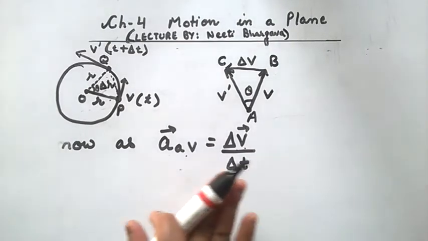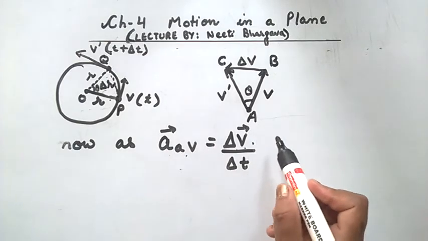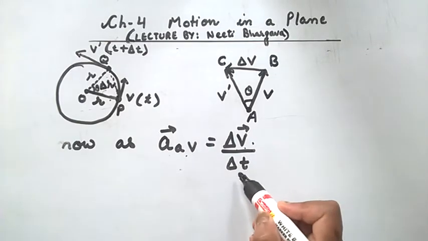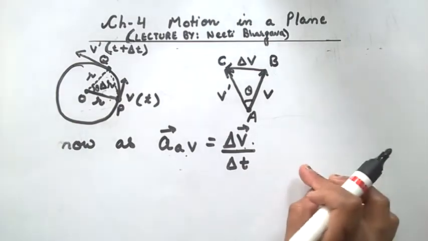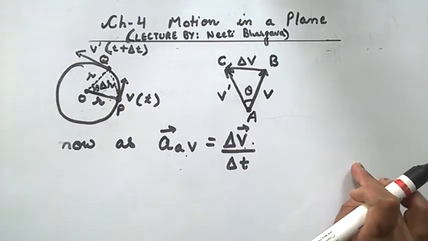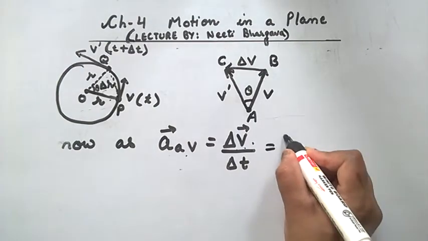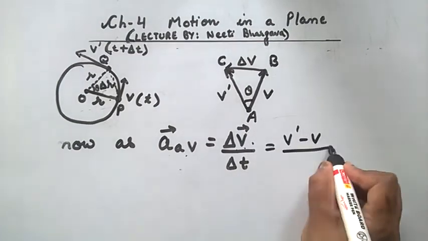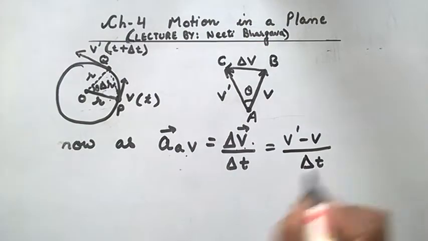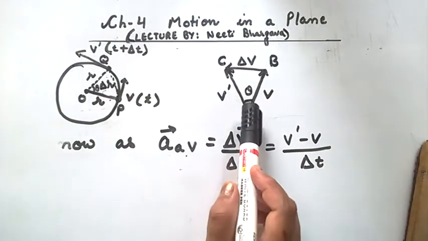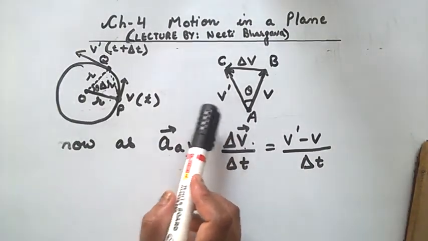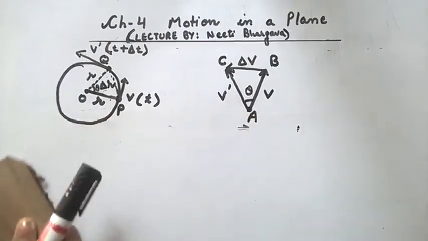Now we have calculated the value of delta v, which is v dash minus v in time t plus delta t minus t, that is in delta t time it is equal to v dash minus v upon delta t.